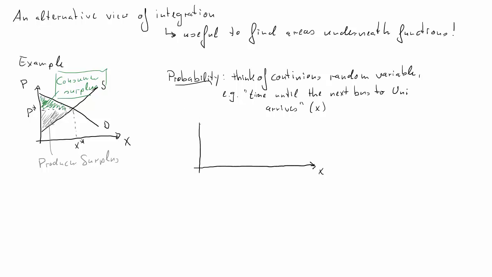If you've done a course in statistics, you will know that continuous random variables are represented by their density function. Let me draw an example here. So here our random variable x is certainly positive because it represents time, and let's say it looks like this. And let's put some values, let's say 5 minutes and 10 minutes, on the x-axis.